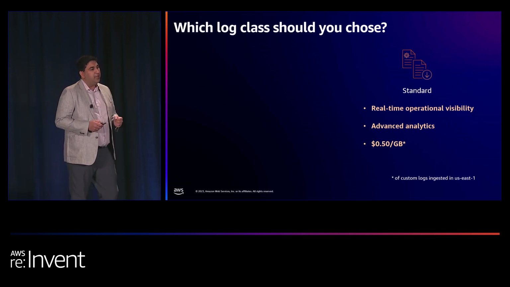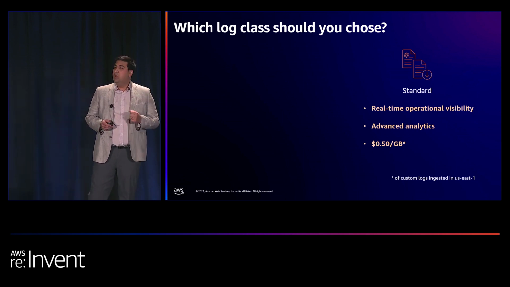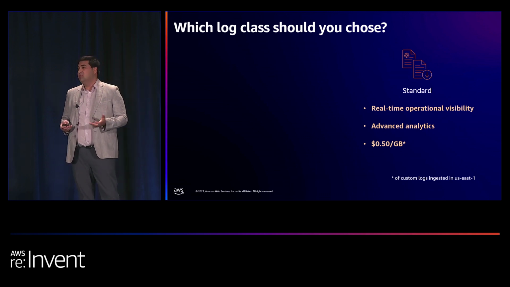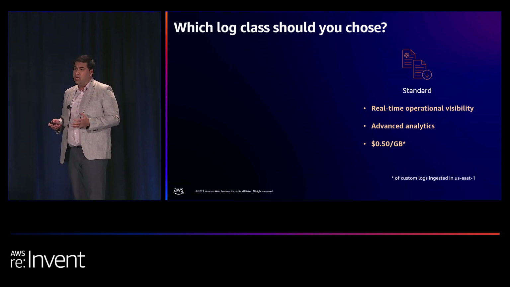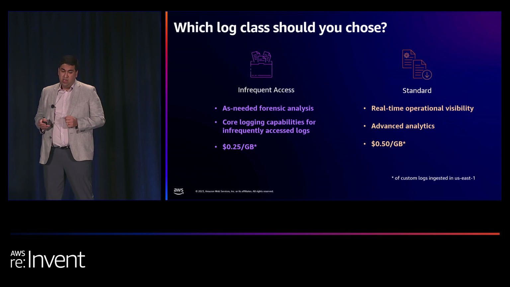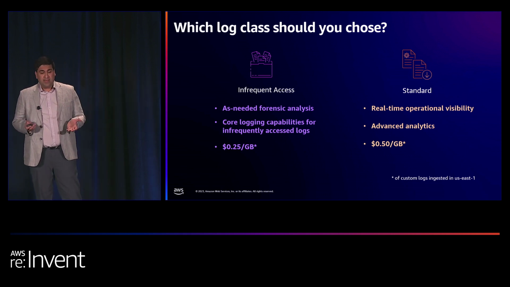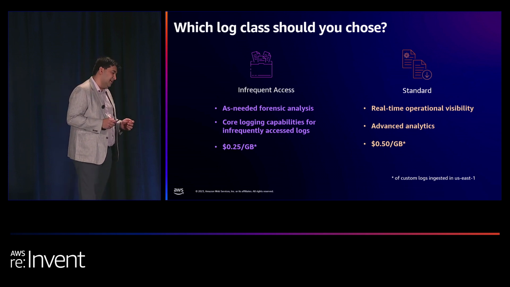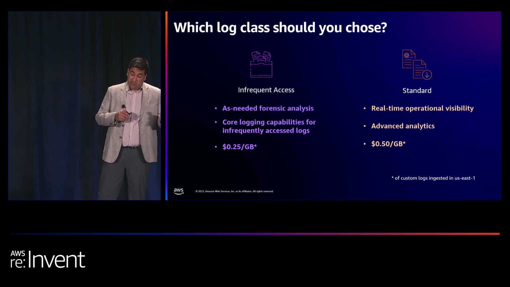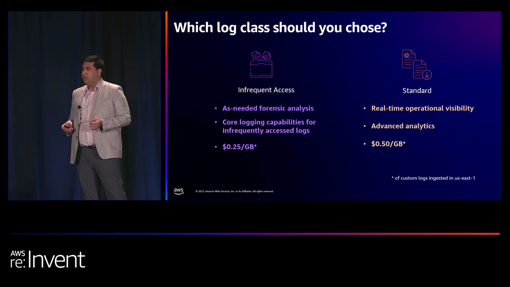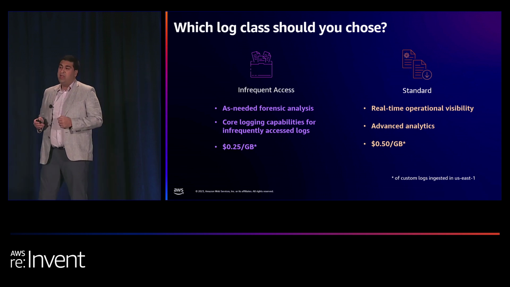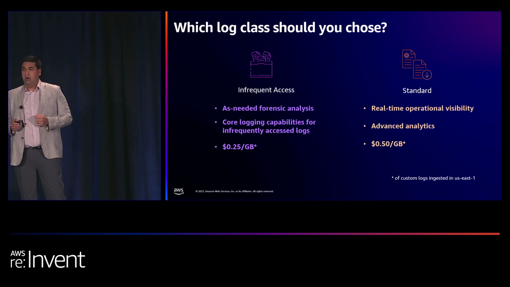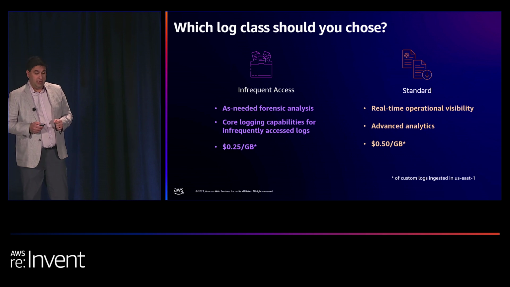If you have critical application logs that need real-time operational visibility, and you need those advanced analytics, standard log class is likely still your best bet. If you only infrequently access your logs, and you mostly need them for after-the-fact forensic analysis, or you're storing them for compliance, the core logging capabilities of the infrequent access log class are likely going to meet your needs.